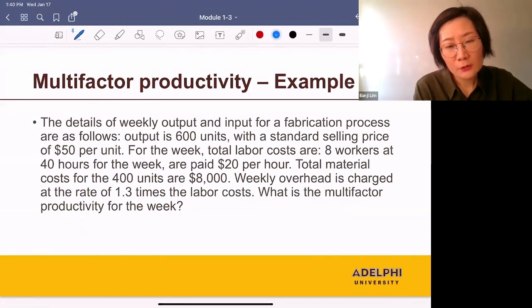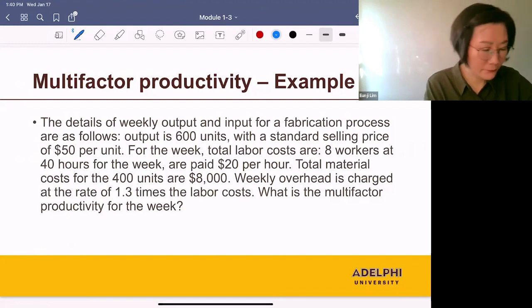For the week, total labor costs are 8 workers at 40 hours for the week are paid $20 per hour. Total material costs for the 400 units are $8,000. Weekly overhead is charged at the rate of 1.3 times the labor costs. What's the multi-factor productivity for the week?